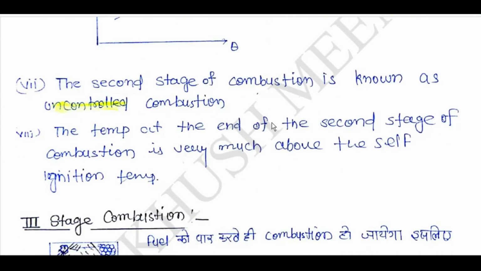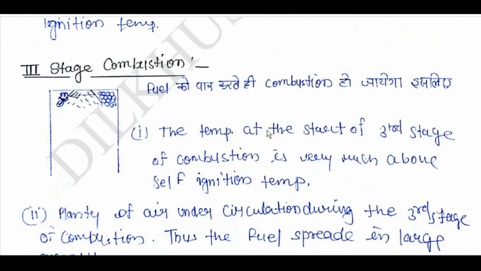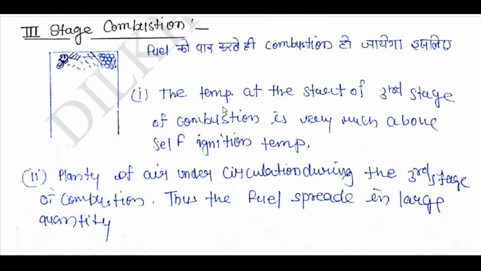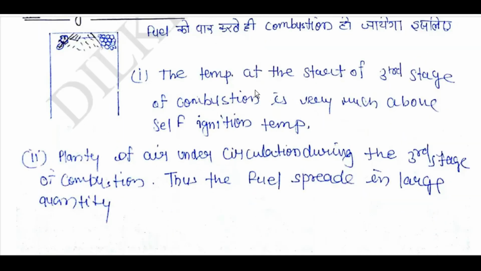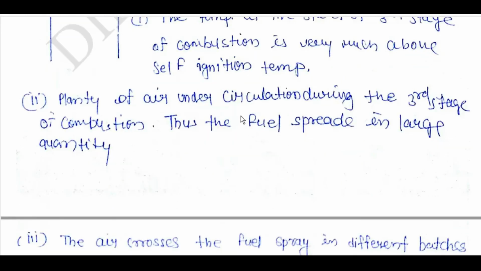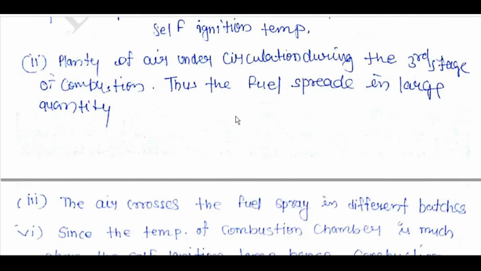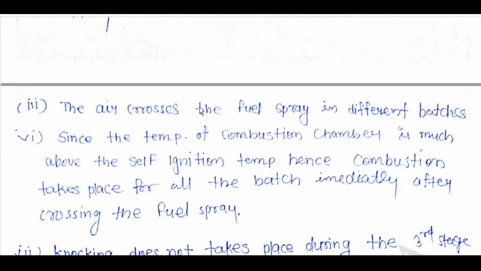The temperature at the end of the second stage of combustion is very much above the self-ignition temperature. Third stage of combustion: the temperature at the start of the third stage is very much above the self-ignition temperature. Plenty of air is under circulation during the third stage, thus the fuel is sprayed in large quantity.